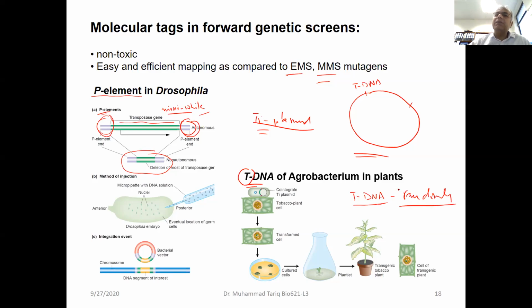And random integration means if there are 4 pairs of chromosomes in Arabidopsis, tDNA can integrate anywhere in the genome and create mutation through insertional mutagenesis. Mostly it lands in the promoter region, but it can land within the gene as well. And you have a mutant population which you can screen.